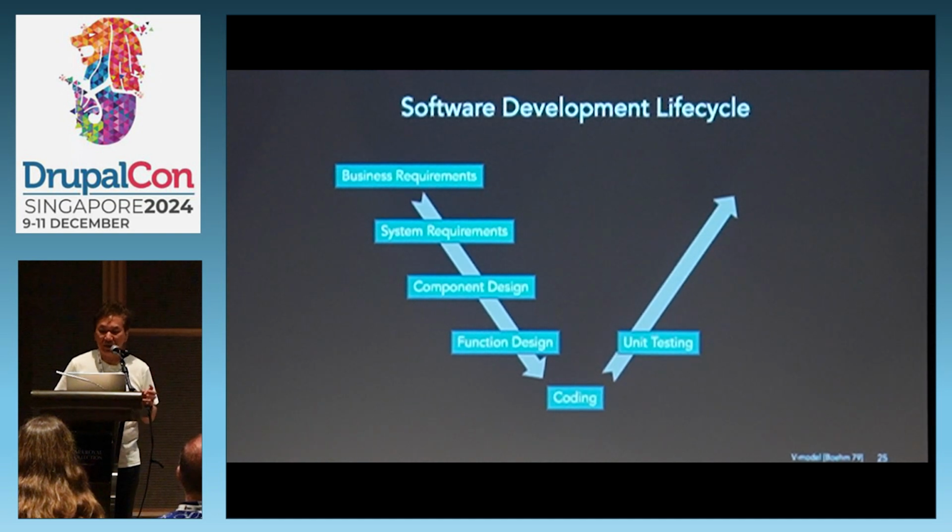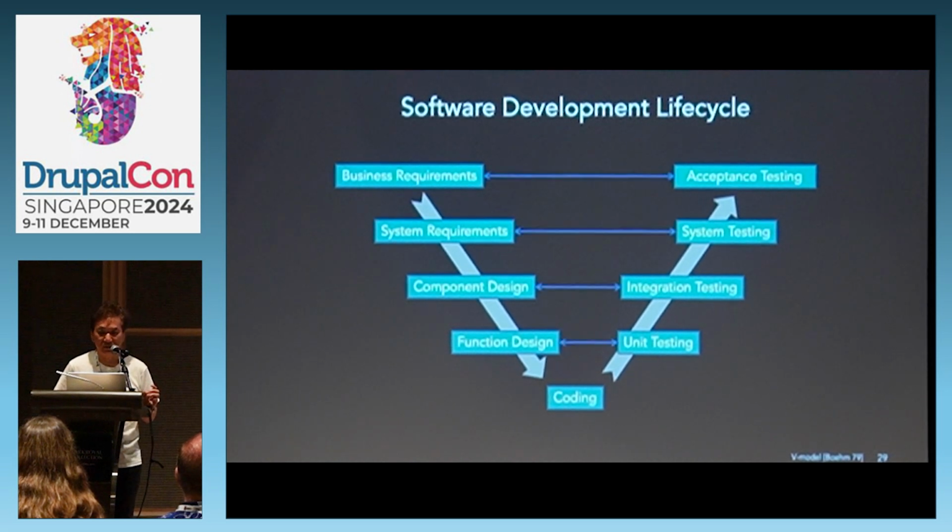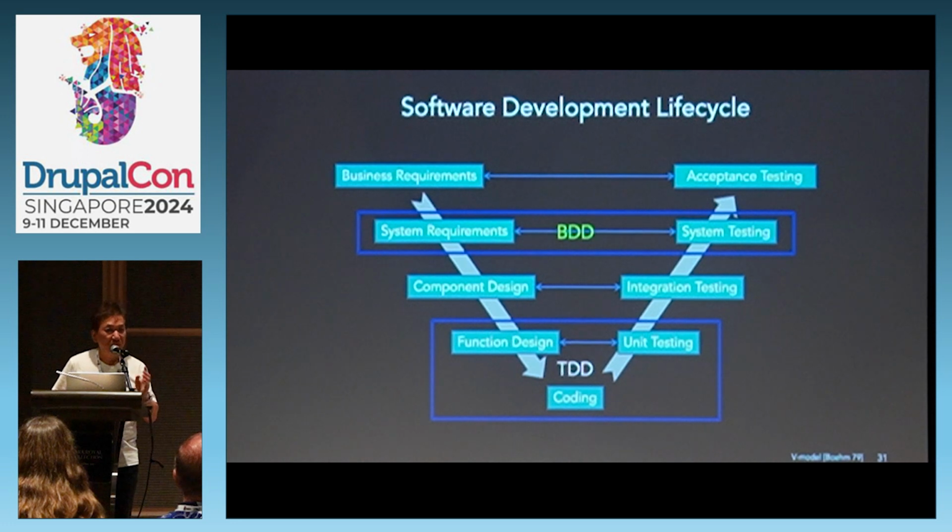After that, we proceed with function design, then coding. On the other side of the design phases, we have unit testing, integration testing, system testing, and acceptance testing. Those design and testing phases correspond to each other like this. This is the V model. So we handle TDD, which stands for Test-Driven Development, at the bottom portion.